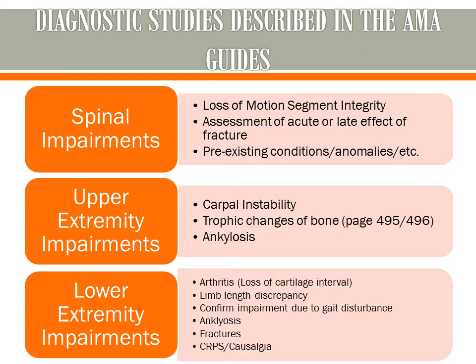In Chapter 15, the Spine chapter, X-rays are used for several different things. Number one, they're used to help identify pre-existing conditions or spinal anomalies, for example. They're used for the assessment of the acute or late effect of fractures.